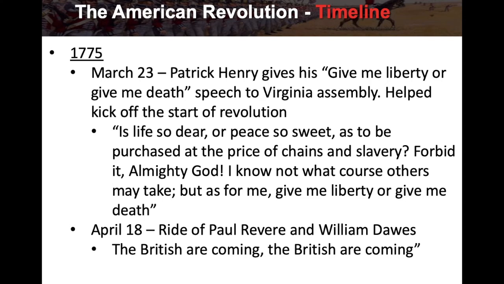So not too long after that, a couple weeks later, April 18th, 1775, is the ride of Paul Revere and William Dawes, and that's the very famous "The British are coming, the British are coming" in Boston, Massachusetts.